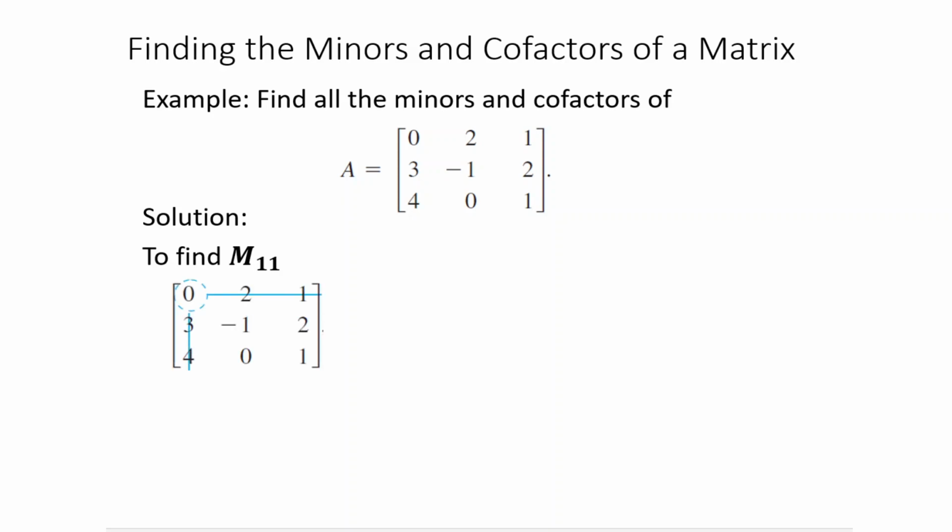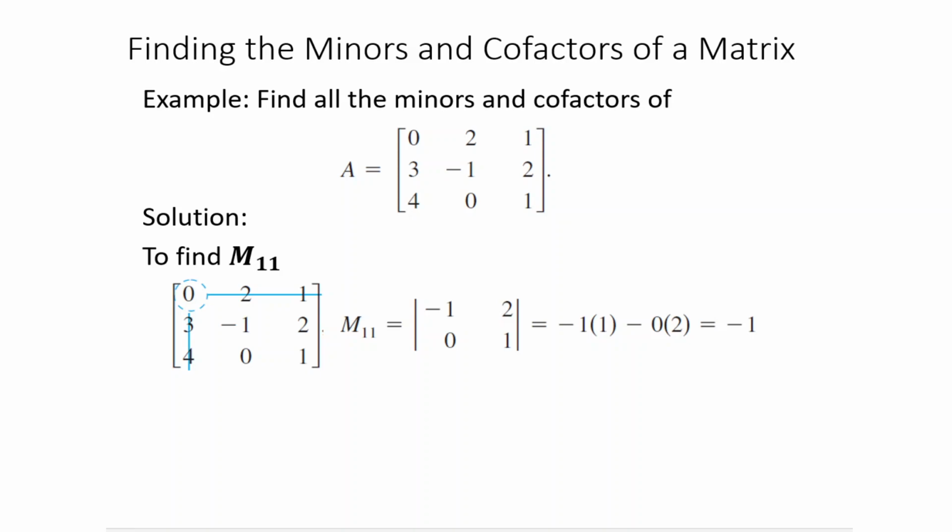That is, we will get the determinant of this. So the remaining entries we have here, we copied it here. Since this is just a 2 by 2 matrix, we get the determinant by getting the difference of the product of these two entries and the product of these two entries. So we have, negative 1 times 1 minus 0 times 2, so that is equal to negative 1.